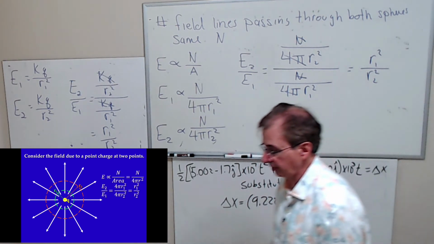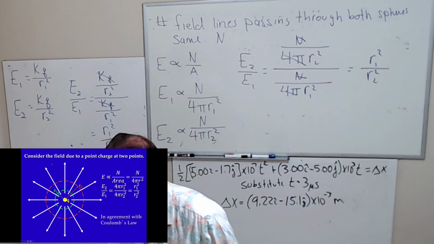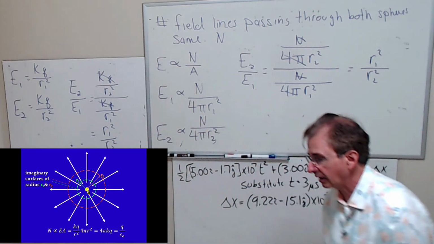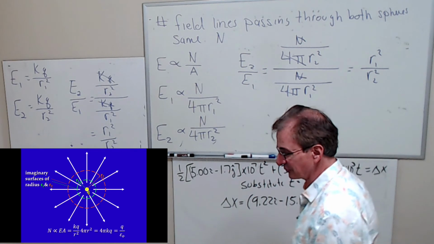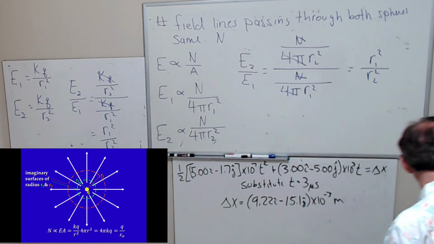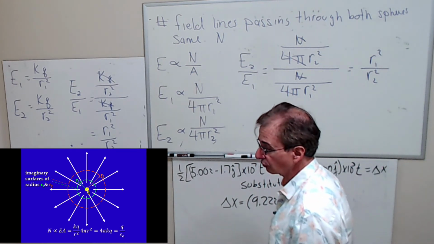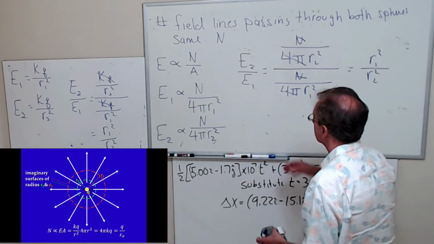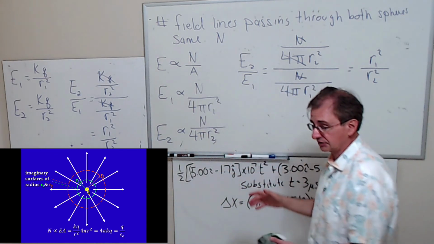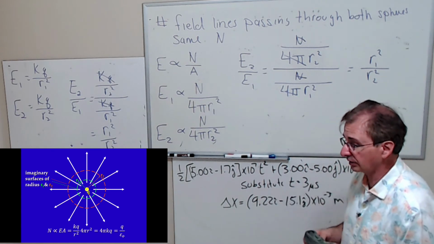Okay, one more thing. Again, I'm going to be playing around with these imaginary surfaces. The number of lines, I don't know the actual number, so I don't know the proportionality constant that relates N to E and A. All I can say is the number of lines passing through each one of those surfaces is proportional to E times the surface area.